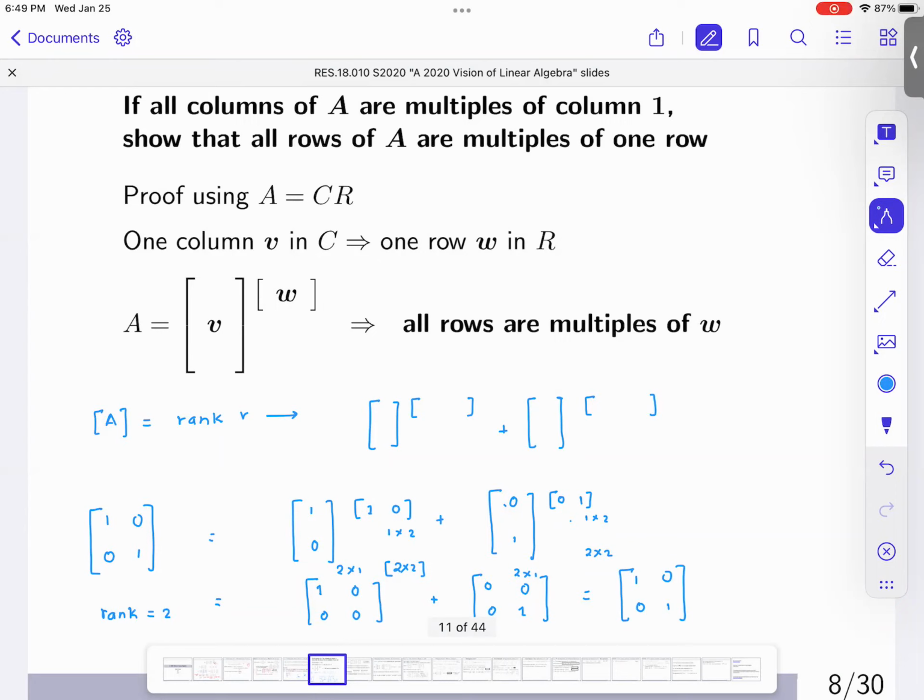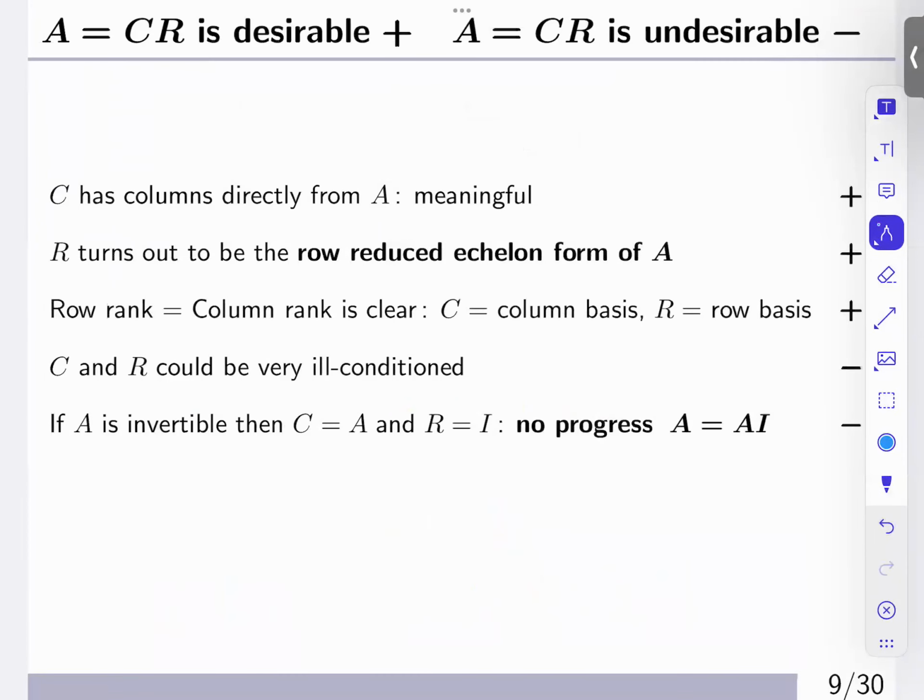So I want you to understand this. The column times row representation is very important because it gives us the decomposition perspective on the matrix. Where is this column times row decomposition useful? Believe it or not, when we studied linear algebra in undergrad, we studied something called row reduced echelon form, and that is nothing but the row decomposition of the matrix.